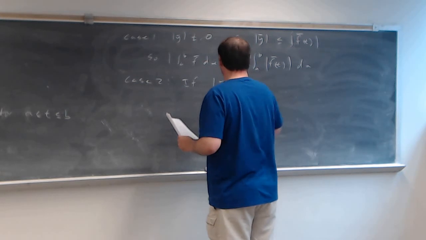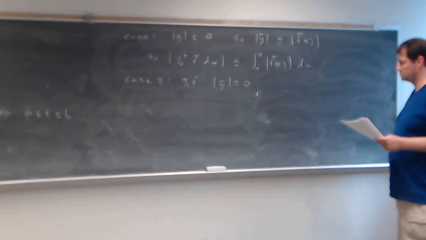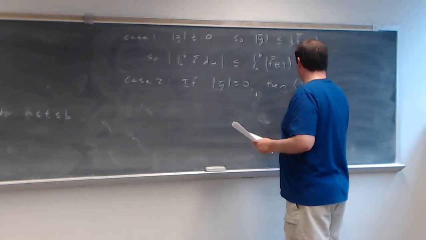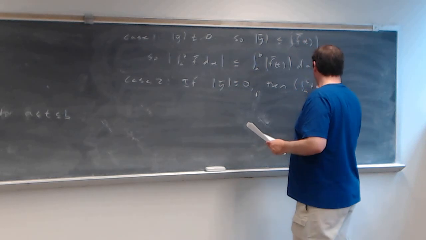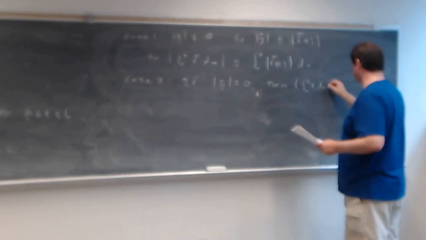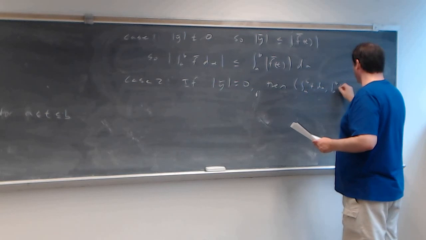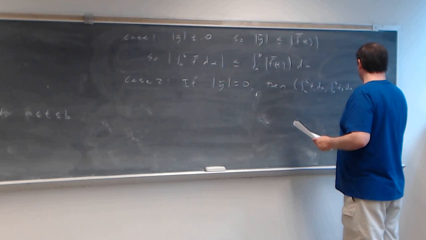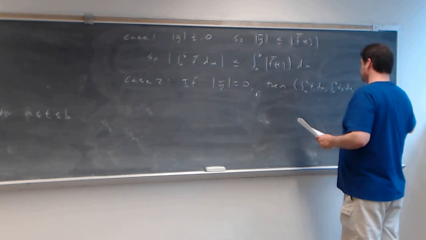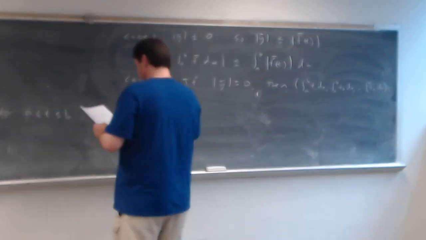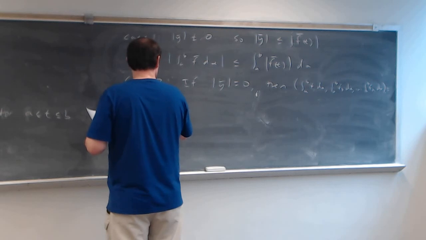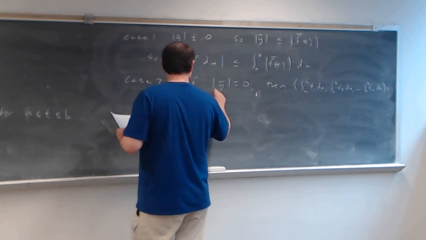y bar equals 0, then what we have is that the integral from a to b of f1 d alpha, the integral from a to b of f2 d alpha, all the way up to the integral from a to b of fk d alpha, that's equal to 0, 0, 0.